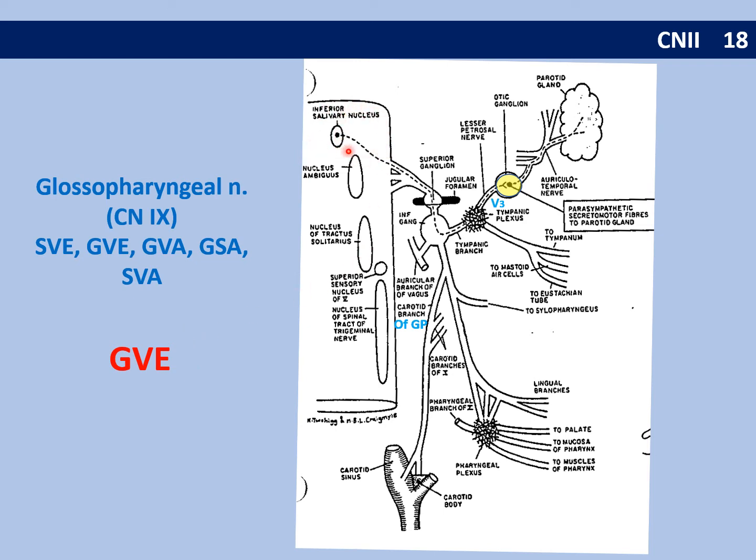You don't need to know the inferior salivatory nucleus, but what you do need to know is that preganglionic glossopharyngeal fibers go through the glossopharyngeal nerve, through this tympanic branch, which goes through the tympanic canaliculus, over to this tympanic plexus, and then via the lesser petrosal nerve, these preganglionic parasympathetic fibers synapse in the otic ganglion, and then postganglionic parasympathetic fibers get distributed to the parotid gland through the auriculotemporal nerve.